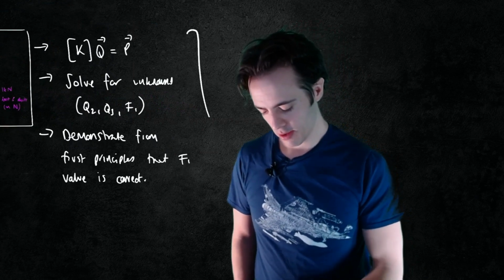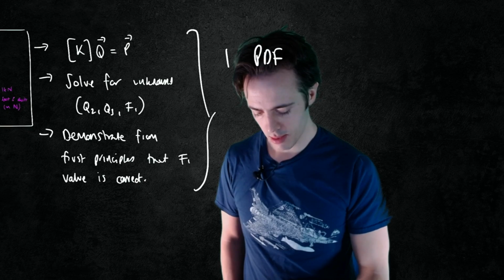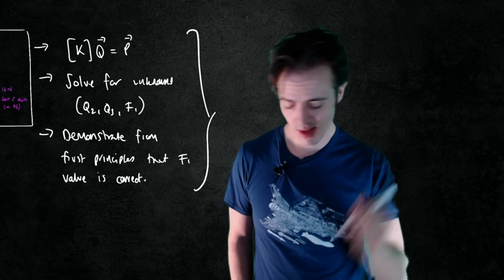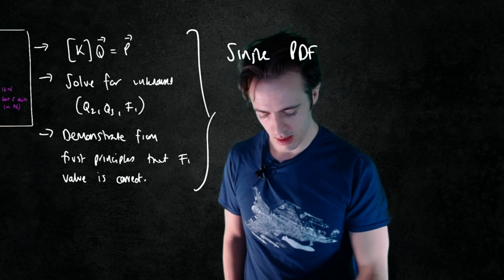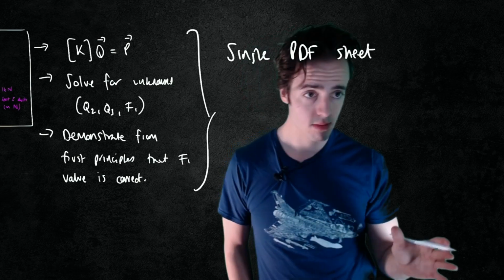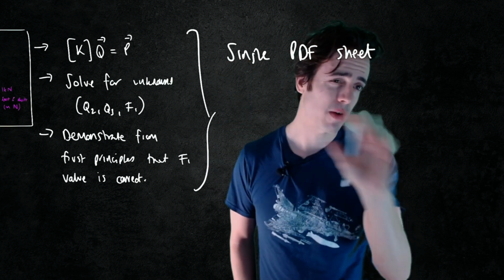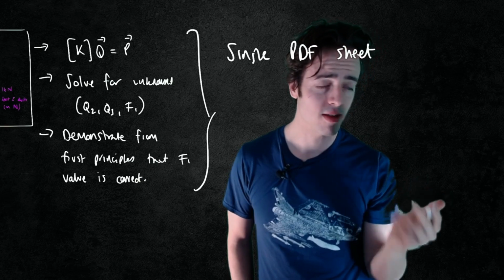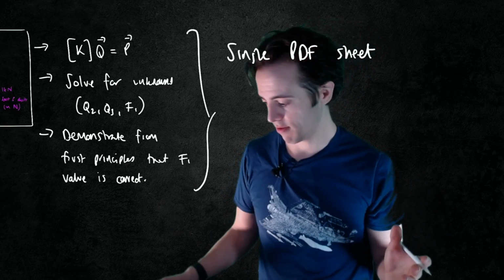So how do I want you to formulate this? One PDF, let's say all of your answers I want on a single PDF sheet. In fact, you shouldn't need anything more than a single PDF sheet to show this. You can maybe show an additional page of working if you want. You start putting 7 pages of working on a problem like this, then it just shows me you guys don't know the correct amount of stuff to submit for work.